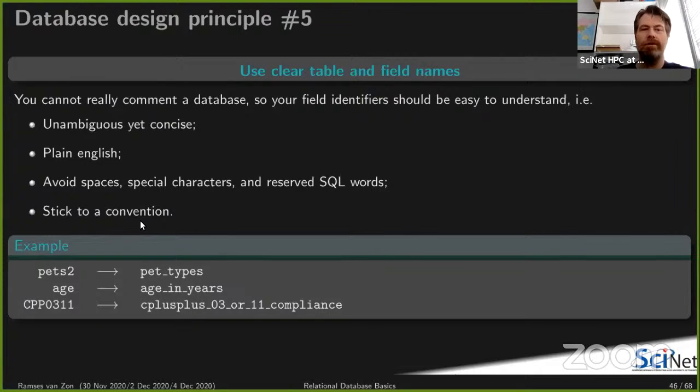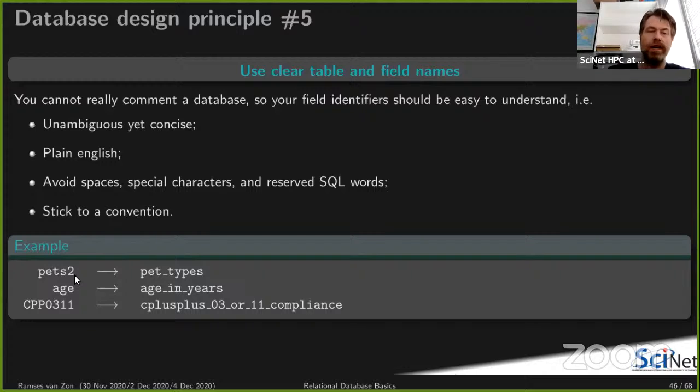So if you like underscores in your names, that's fine. Just stick to that. Don't use a mixture of just gluing words together and underscores and maybe something else. Now, we've slightly deviated from that in the example. So for instance, we had a table called pets2. That's not a good name because it doesn't tell me anything. It actually sounds like it's yet another table of pets, and it wasn't.